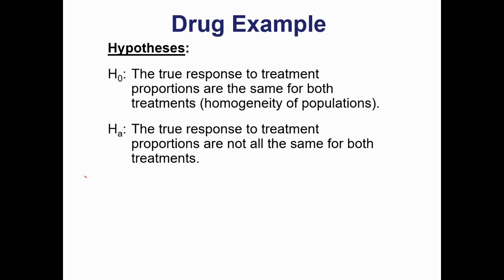So let me kind of make note of that here. Degree of freedom. We know we're going to have to say 2 minus 1. How many columns do I have? 4. 4 minus 1 is 3. So I'm going to have 1 times 3, which gives me 3. I only have 3 degrees of freedom.